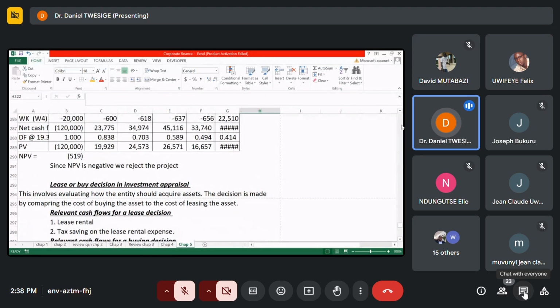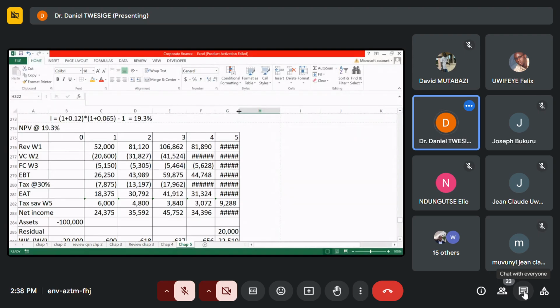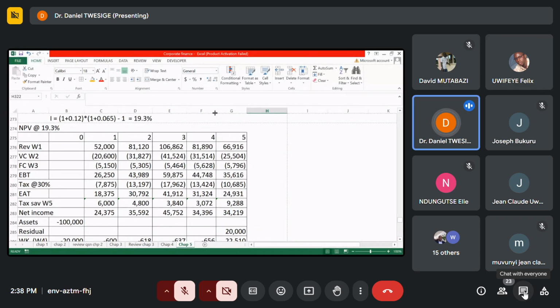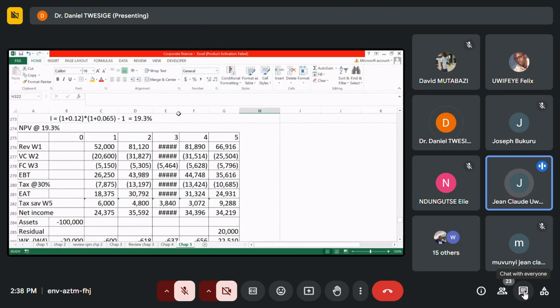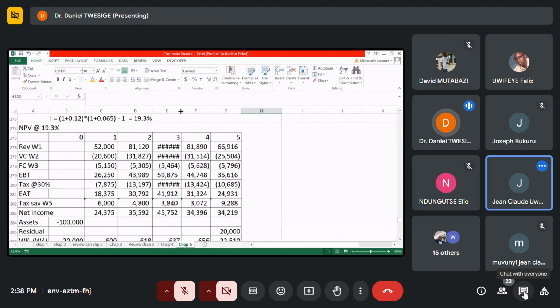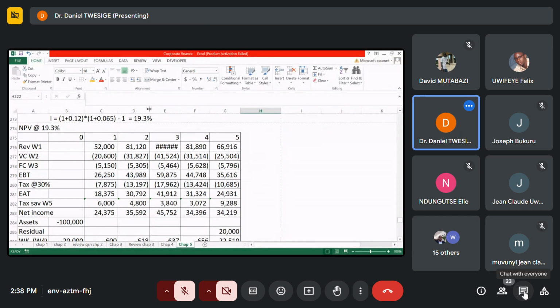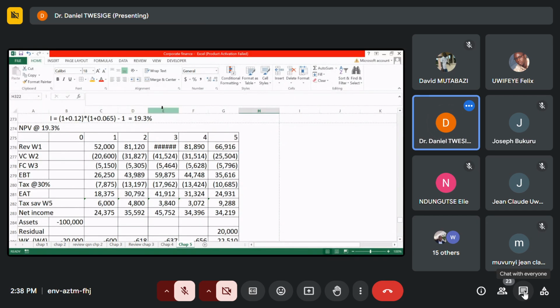Hope everything is still in line. Oh, this one has changed. But no problem, you will share both the Excel and the PDF. Okay, let me see if I can make it.